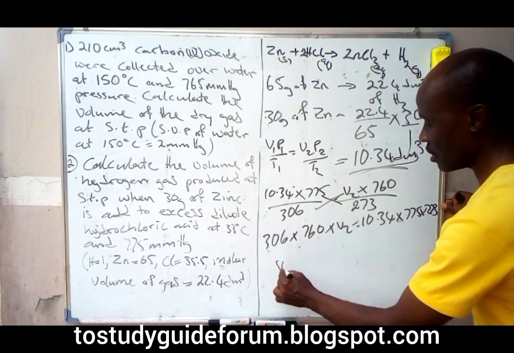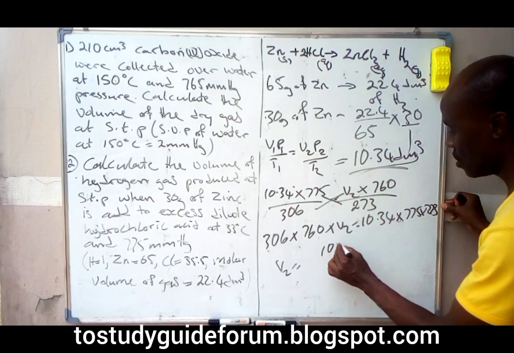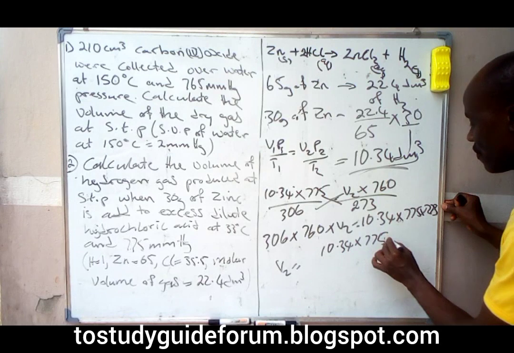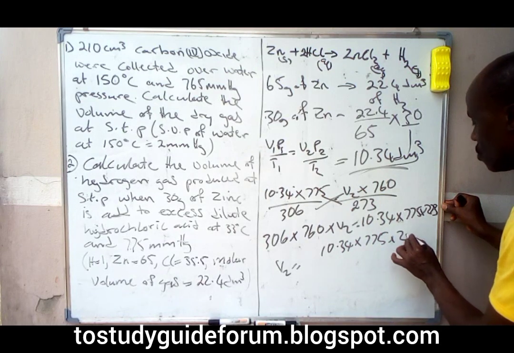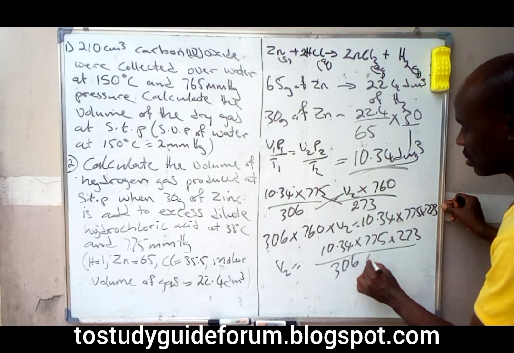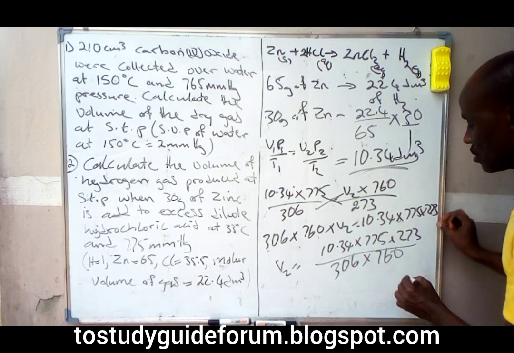So making V2 the subject of the formula, we have 10.34 times 775 times 273 all over 306 times 760.